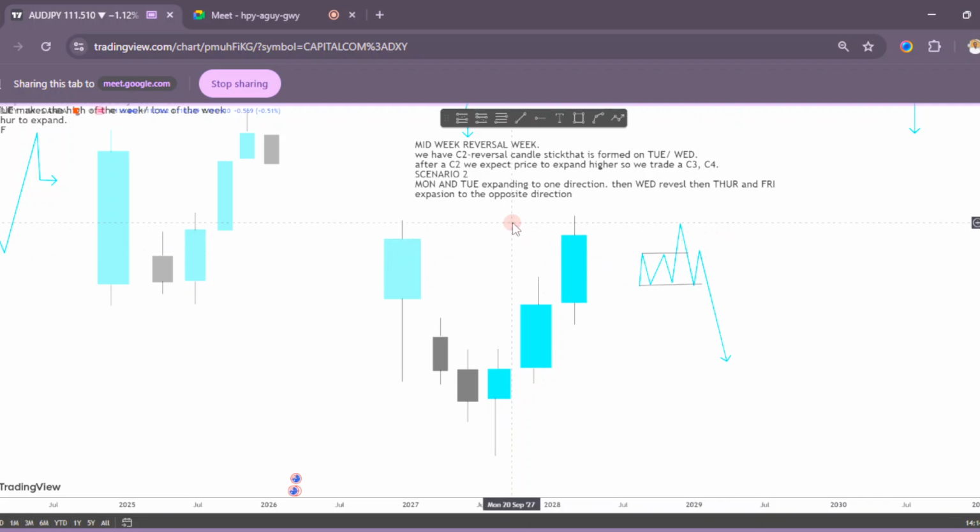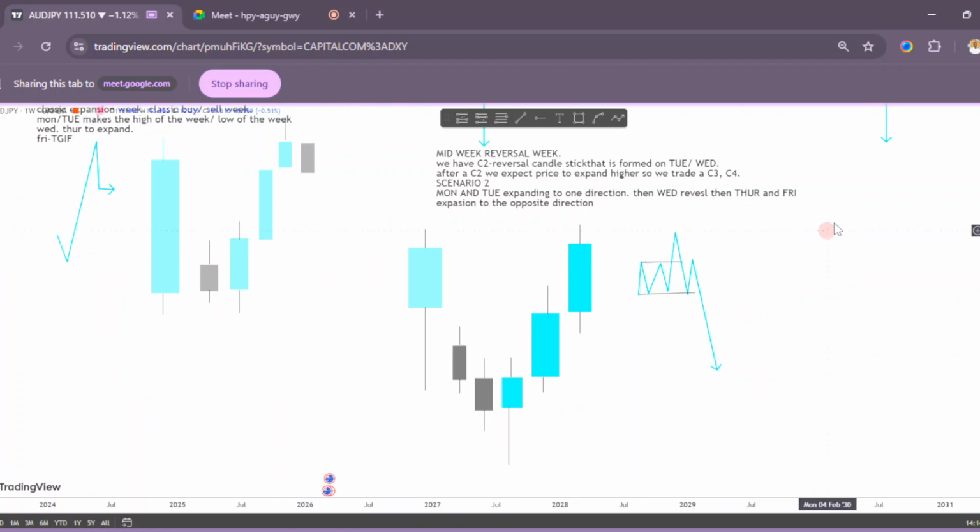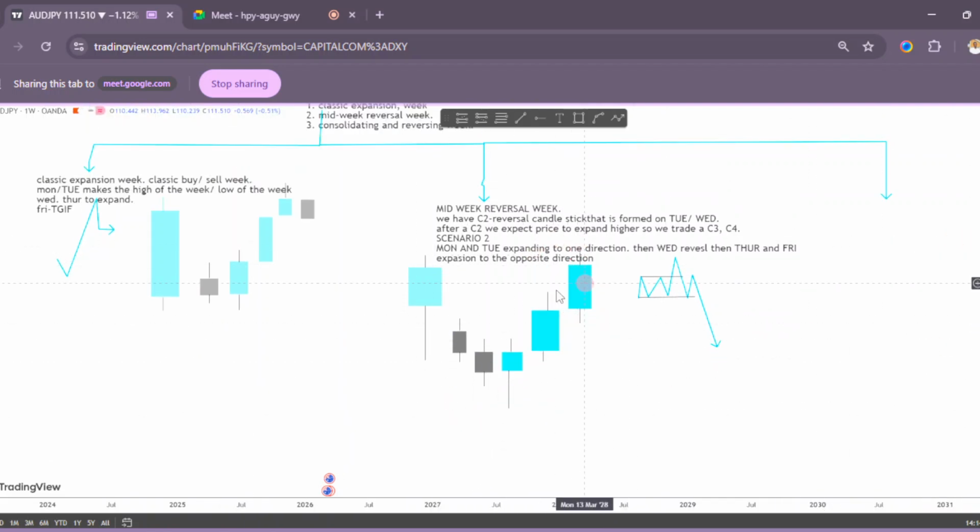If you already have this on a daily time frame and you're expecting to see prices going higher, maybe we're bullish this week and we expect a bullish weekly candle, so we'd wait for something like this. We'll understand this as we do backtesting, and you shall understand everything I mean here. But just understand that we have a midweek reversal week.